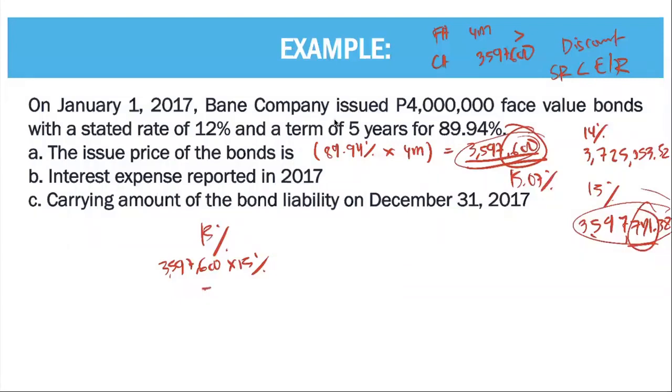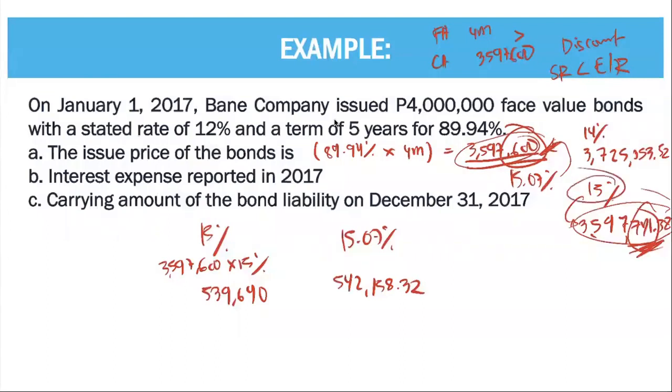Your answer should be 539,640. If you use 15.07%, the actual rate for this amount, 3,597,600 times 15.07%, we have 542,158.32. So we really have a difference in case you use 15% rather than 15.07%. I will look into this.